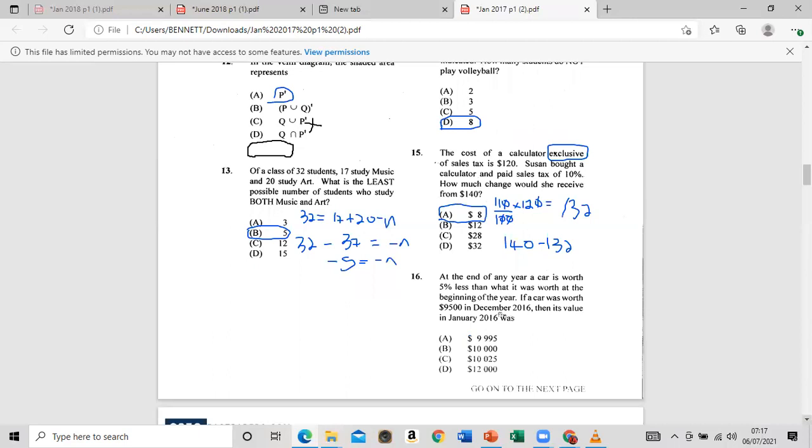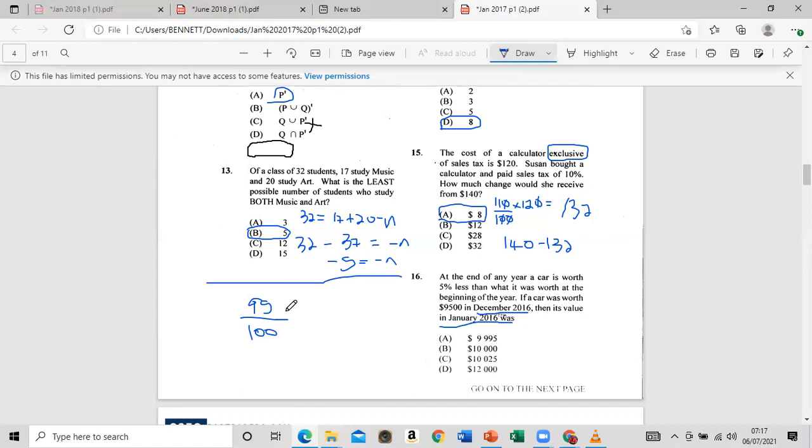At the end of the year, a car is worth 5% less than what it was worth at the beginning of the year. If the car was worth 9,500 in December, at the end of the year, we want to find out what it was worth in January. So we know that at December it will have depreciated, right?